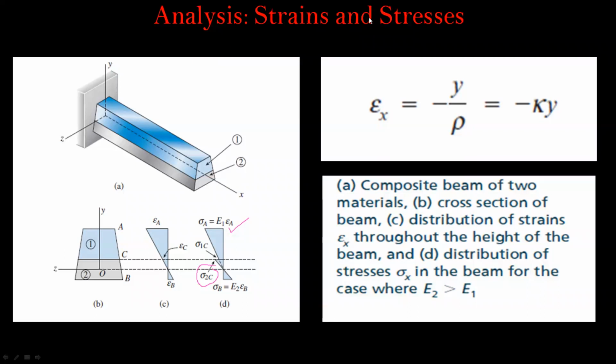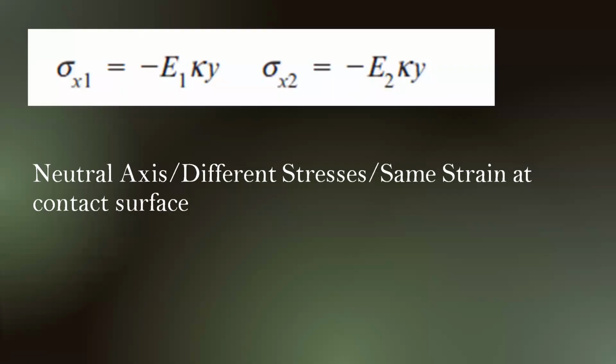So first of all, important is the location of the neutral axis. How do we locate the neutral axis? Some very relevant information is in this slide. Sigma x1 is given by this formula, as I was just discussing, and sigma x2 is given by this formula.